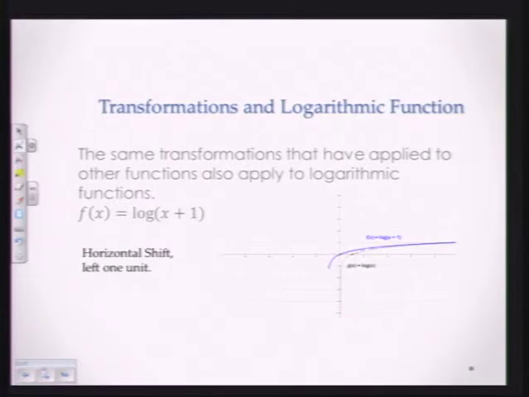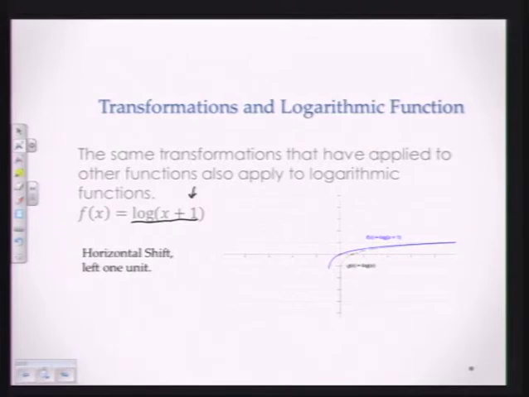Let's take f of x equals the common log of x plus 1. Well, when we take the common log, or log base 10 of x plus 1, we're looking at adding 1 inside the parentheses, which, as you recall, is a horizontal shift. And in horizontal shifts, you go the opposite direction of what you would be expecting.